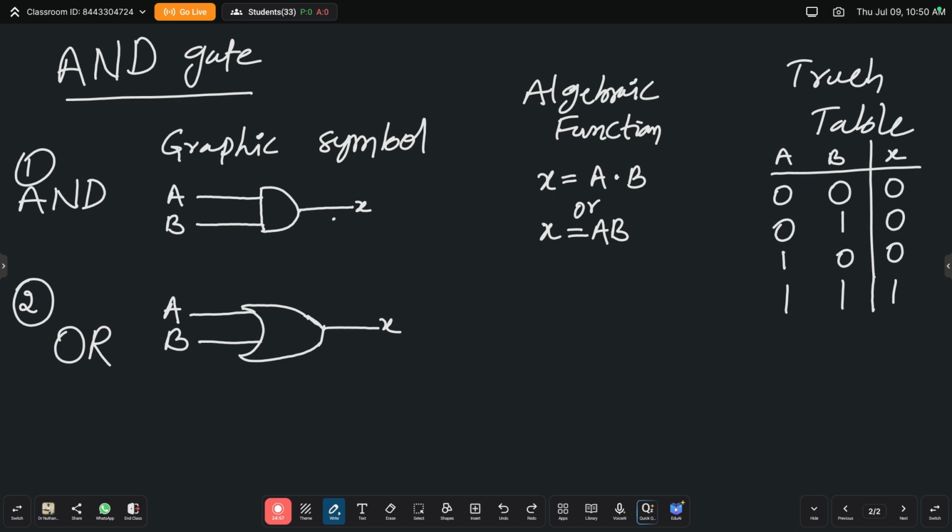This is the graphical representation of the OR gate. And what is the algebraic expression?